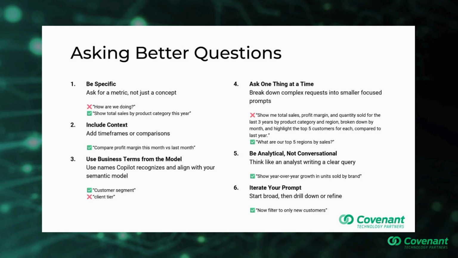Three is use business terms from the model. This is extremely important right now from a Copilot perspective because how that data is laid out in Fabric is how Copilot is going to see it. So if we are using, instead of the word customer, the word prospect as an example inside of our data, Copilot isn't going to necessarily translate that on its own.